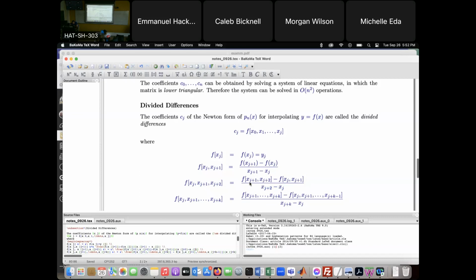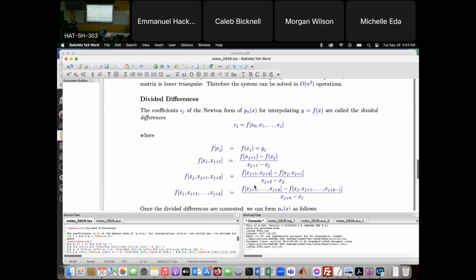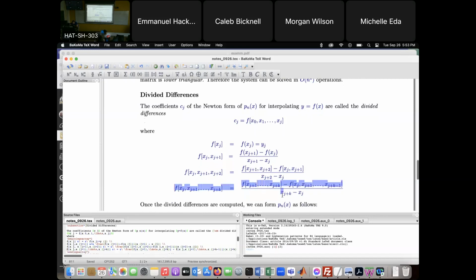So what we're seeing is a higher order divided difference is obtained using a difference of lower order divided differences divided by a difference of x values. So there's a whole lot of differencing and dividing going on. In general, this is a general formula right here for a divided difference. Here we have a divided difference of order k, defined by subtracting divided differences of order k minus 1 and then dividing by a difference of x values.